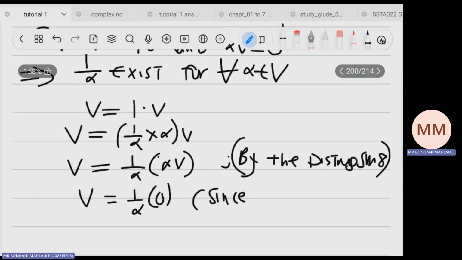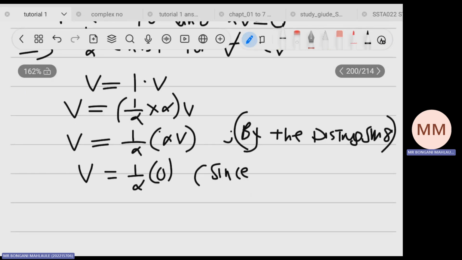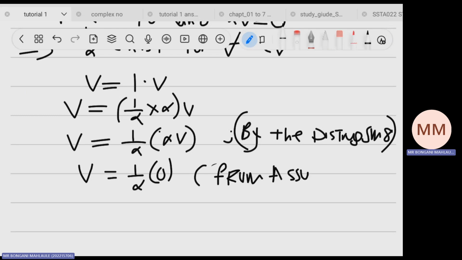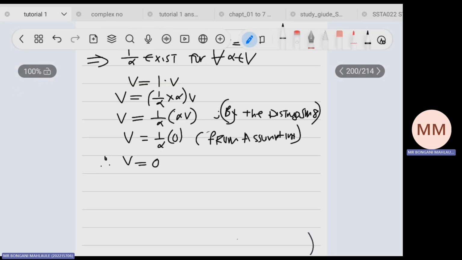We're supposed to suppose that, so this is our hypothesis. So you can say from the assumption or hypothesis. And now this means that v is equal to 0.